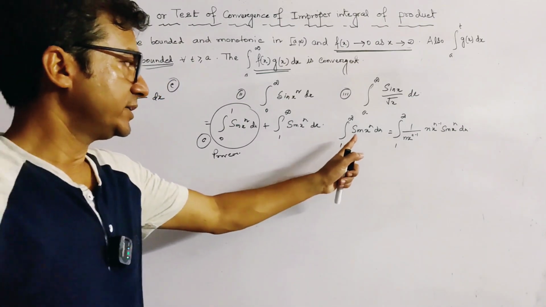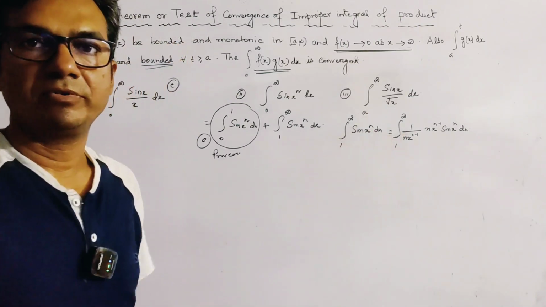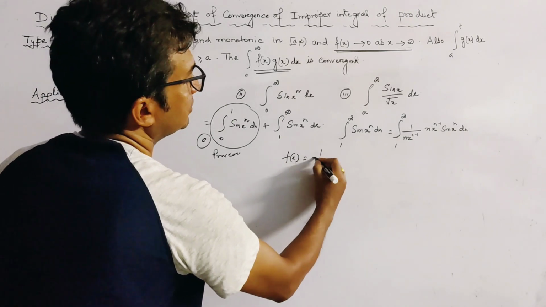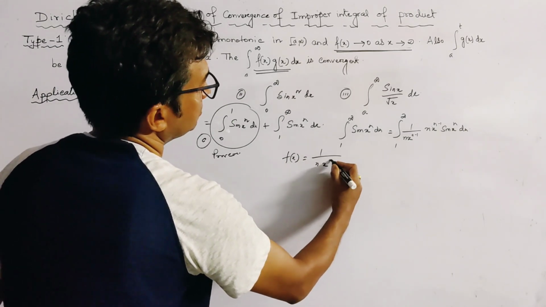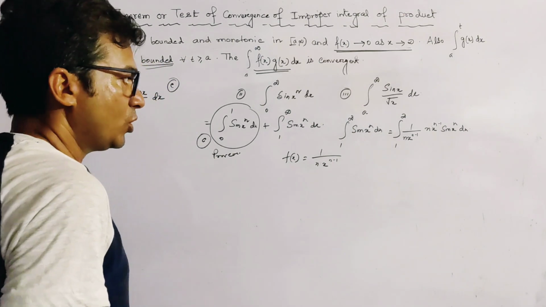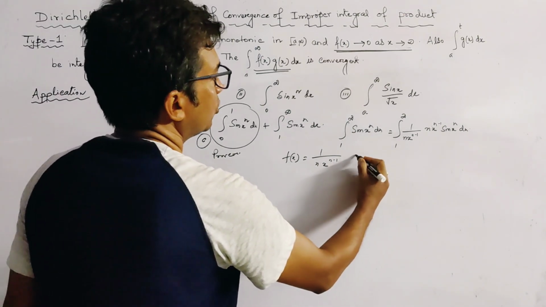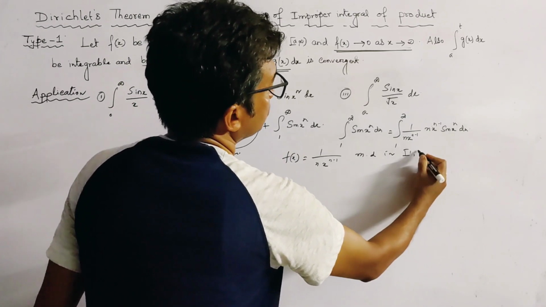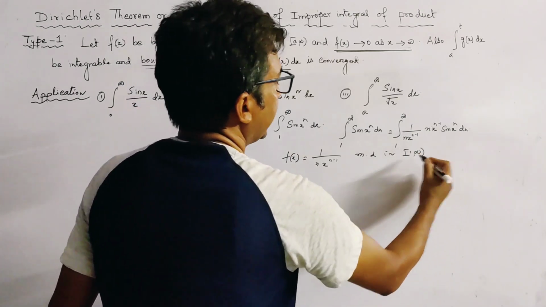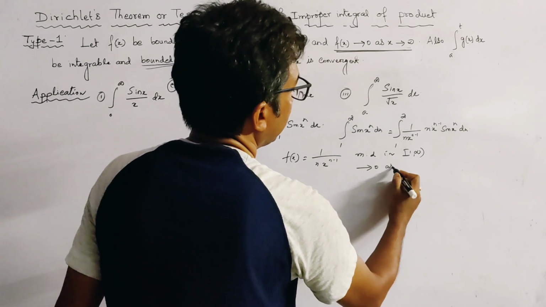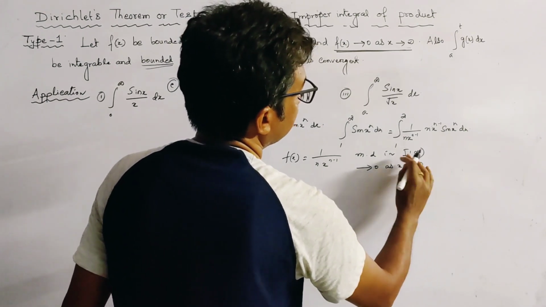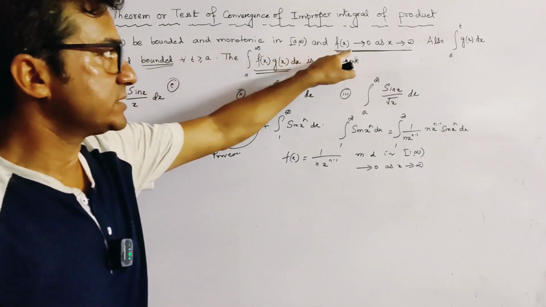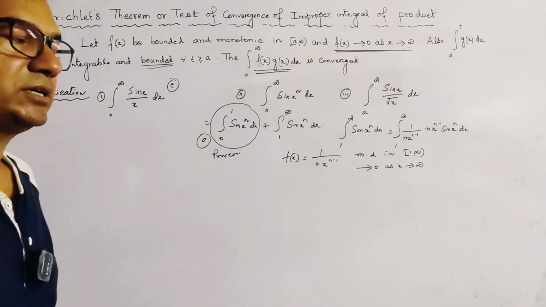Okay, we write this integration as this type, and we let f(x) equal to 1 by n into x to the power n minus 1. Obviously this is monotonic decreasing in 1 to infinity and tending to 0 as x tends to infinity. Okay, so the first condition of f(x) must be satisfied.